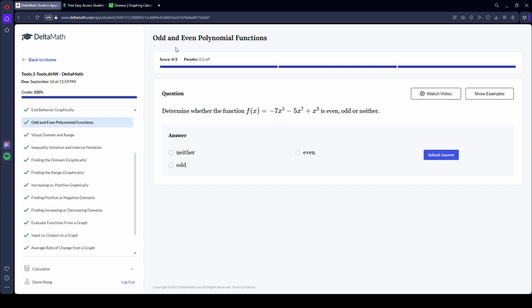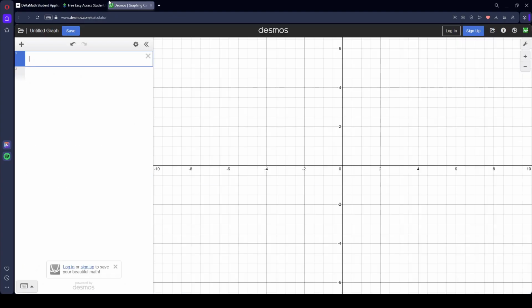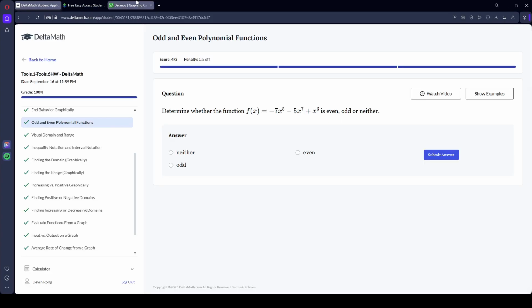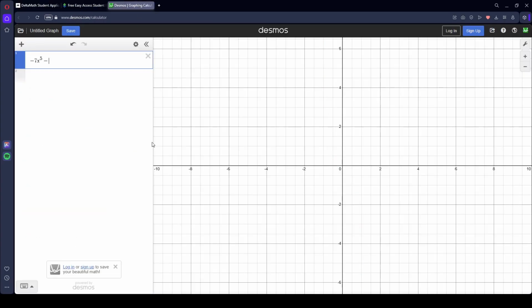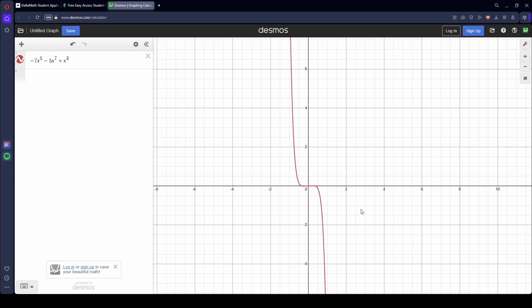I don't know. Let's graph this. Negative 7x to the power 5 minus 5x to the power 7 plus x cubed. What does this look like?